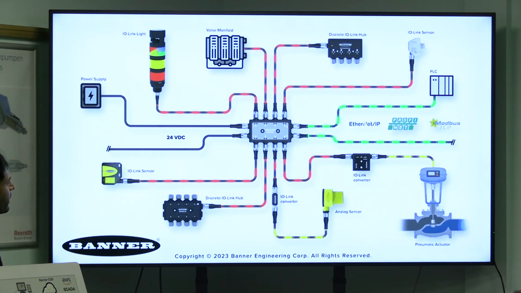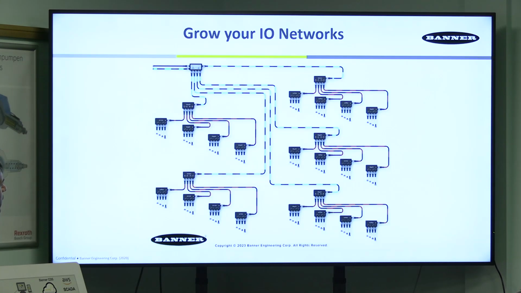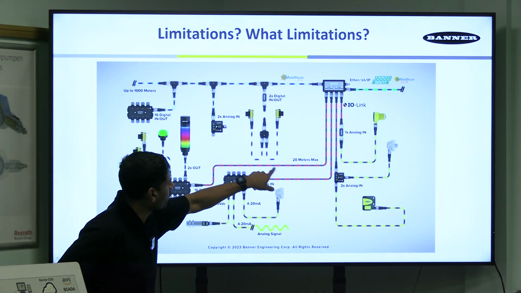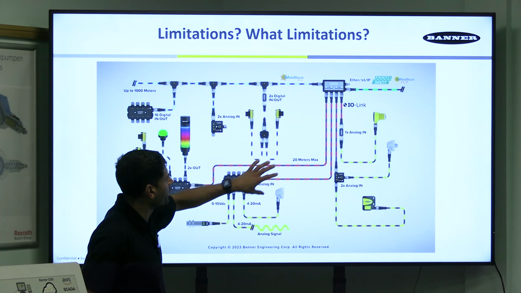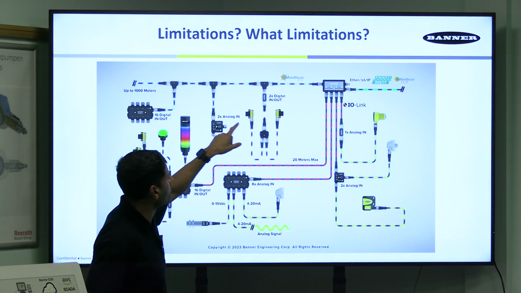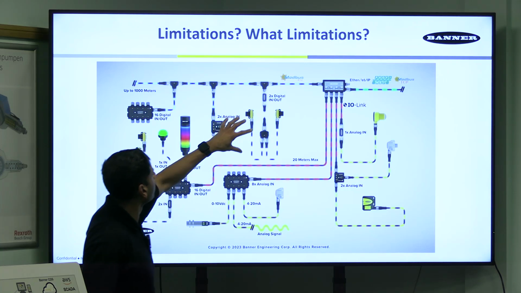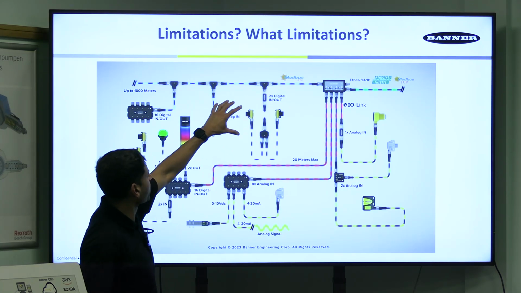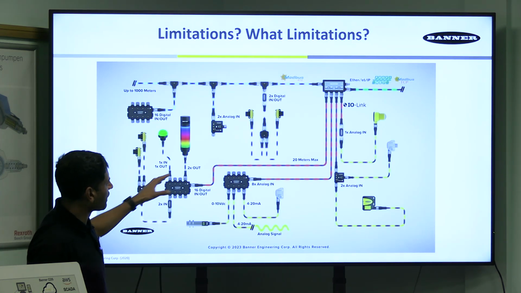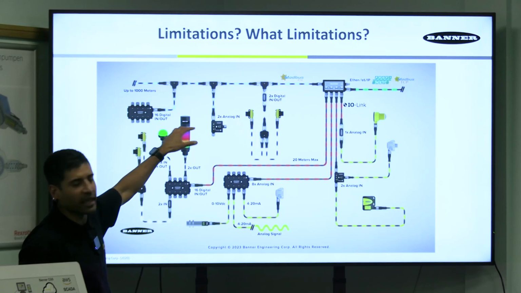And as you know, I/O link, it's point to point, so you've got a maximum distance on I/O link of 20 meters. So this is showing some of that topologies. I was speaking about the 20 meters max. So with I/O link, it's got to be point to point. But the beauty with our kit, if you use the Modbus port on our master, we can have a Modbus network up to 1,200 meters, which will give you that extra cable length, if that makes sense.